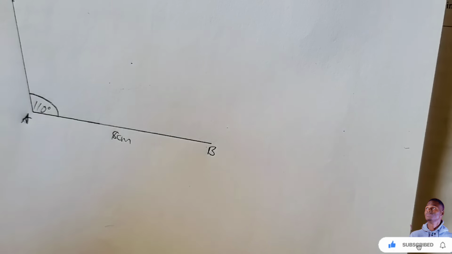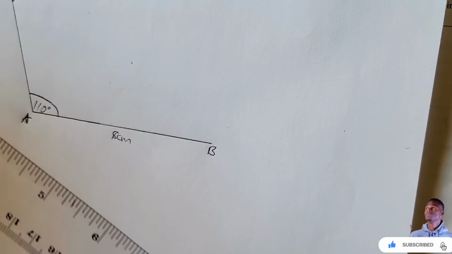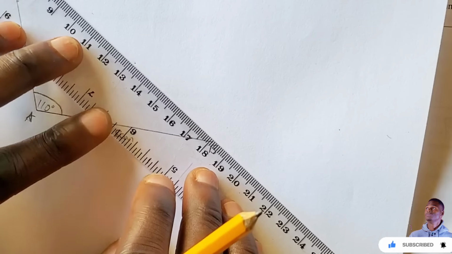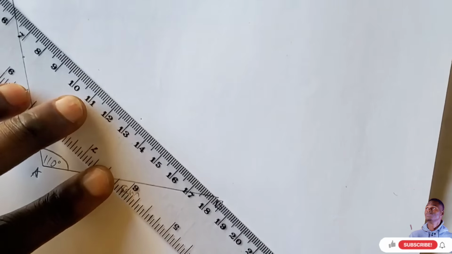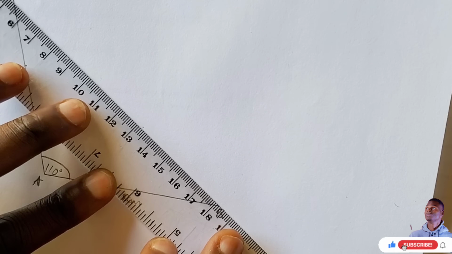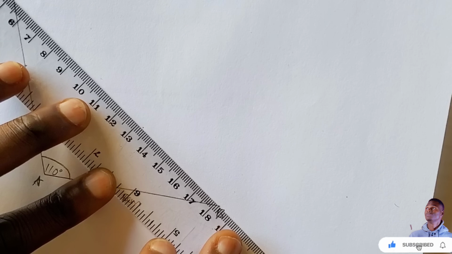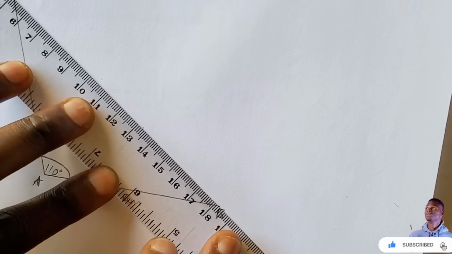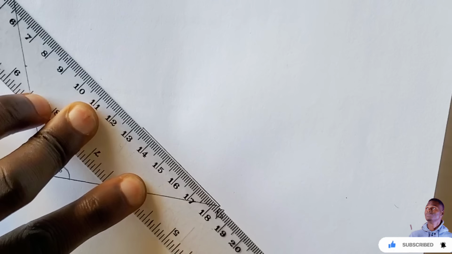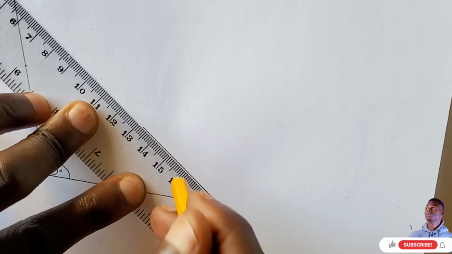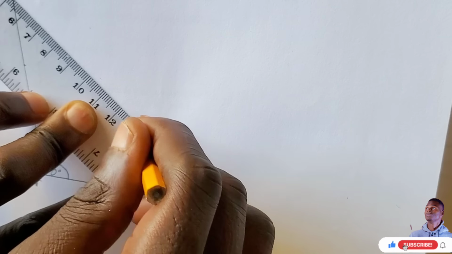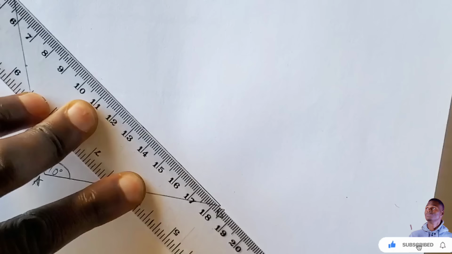Somewhere there. Then draw a line from B passing through that point. Don't end here. The purpose of putting this point means this is where the line will pass.